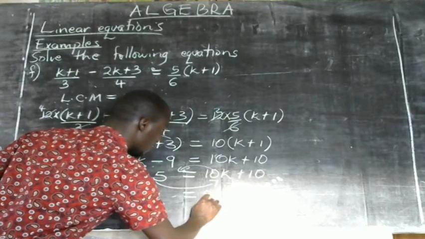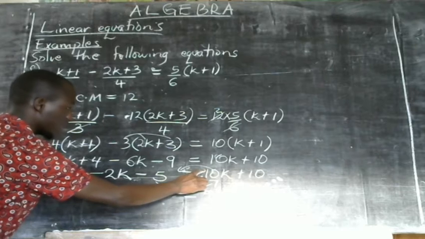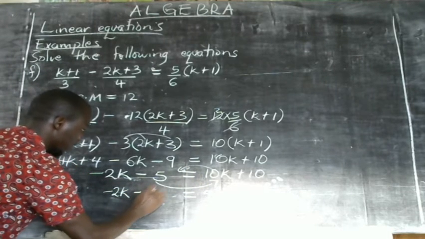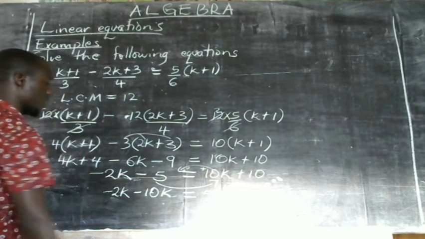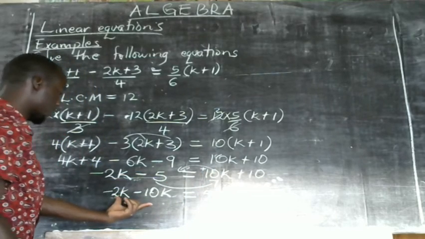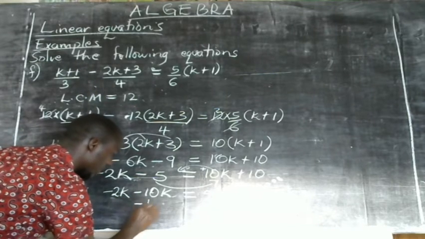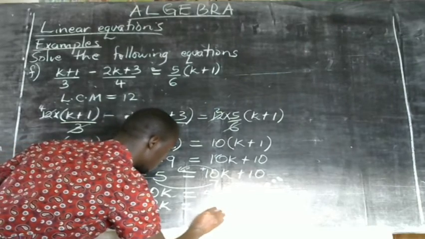So it is going to be 5 plus the 10 there, then the 10k is going to be a minus 10k this side, because on the other side it has been a positive. When I add those ones there, that's going to give me negative 12k is equal to 15.